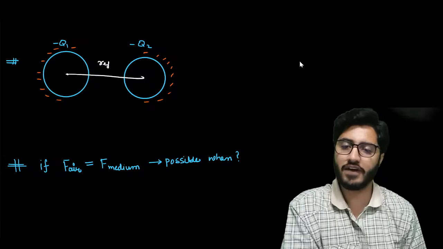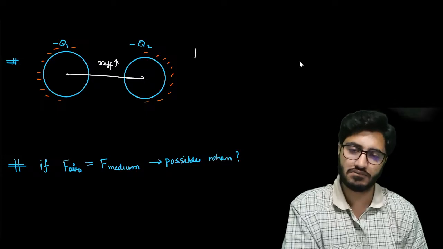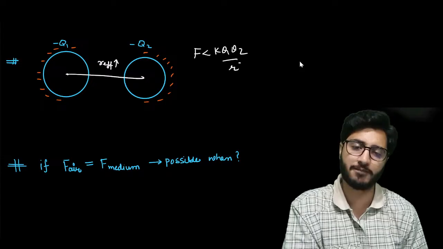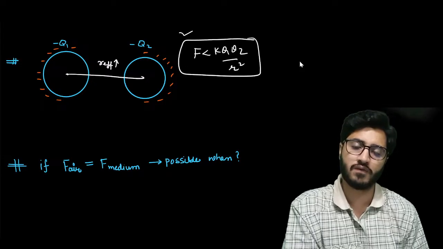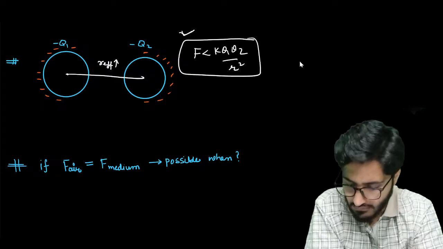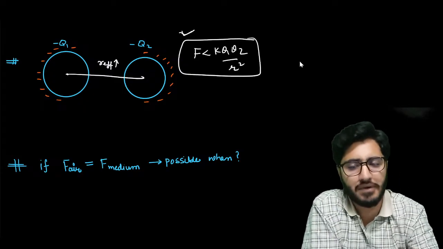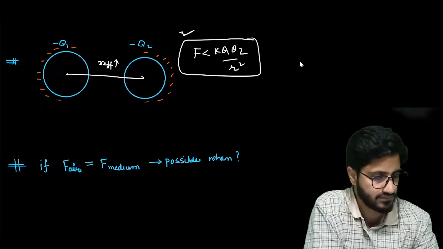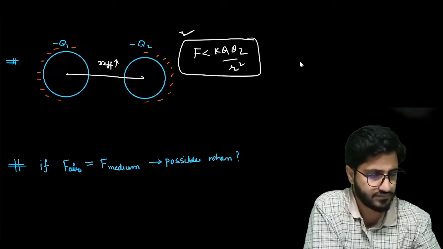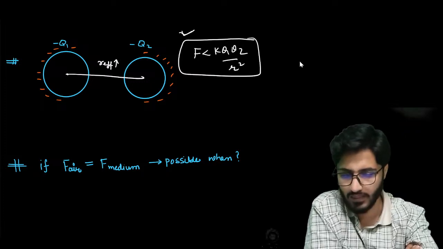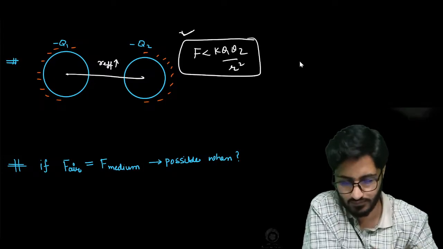Sir, R effective increases. So F will be less than K Q1 Q2 by R square. Got it? If you have any doubt, you can ask me in the comment box. There is no issue. Easy, no? Super easy.